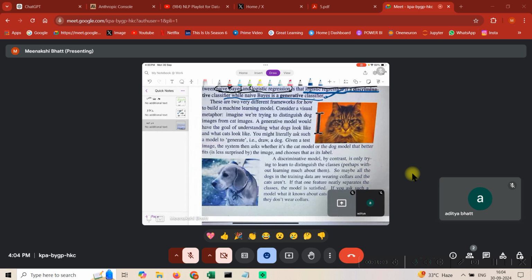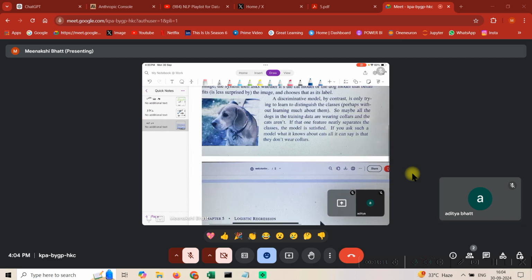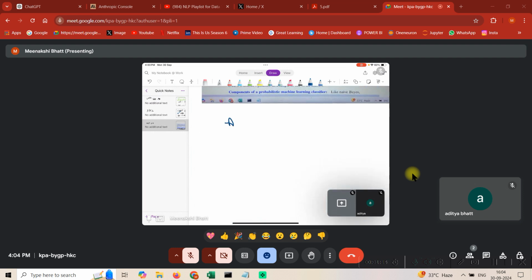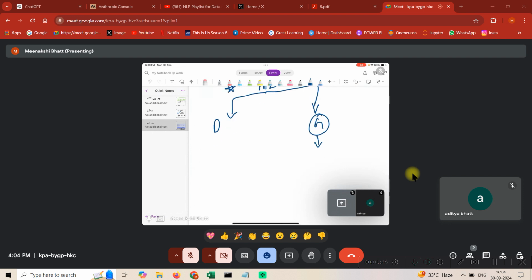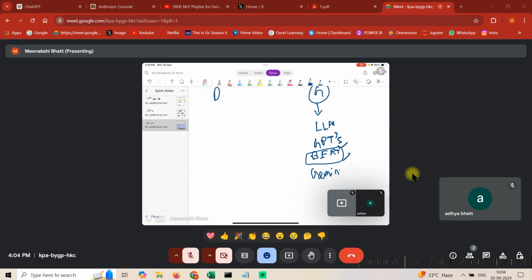That's very funny, but that's how they have framed it. Let's try to go in depth of what they are saying. They are two very different frameworks of how a machine learning model is built. Whenever there is a machine learning model, essentially it can be either discriminant or generative. Today you'll be seeing LLMs, right? You have heard about GPTs, BERT, Gemini, the Llama series of models.